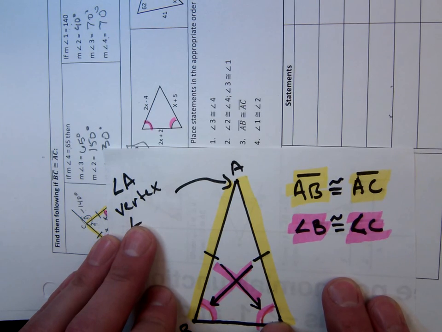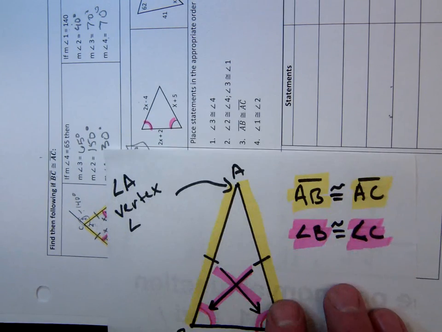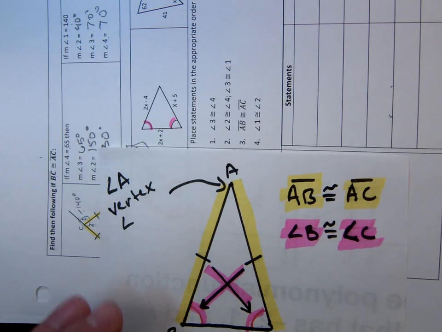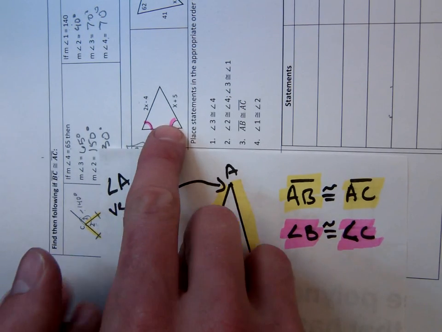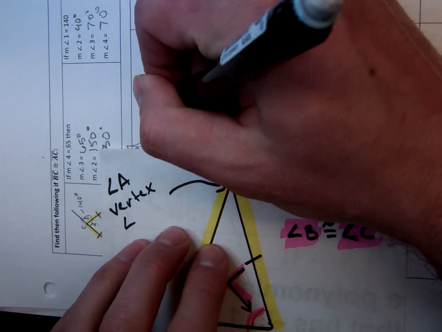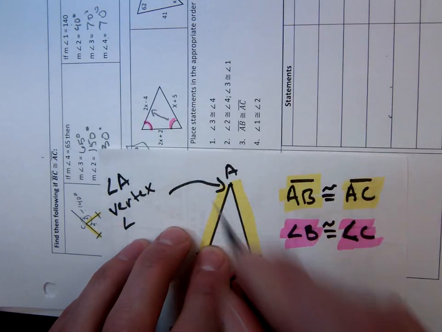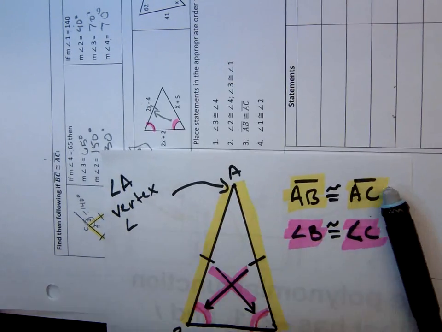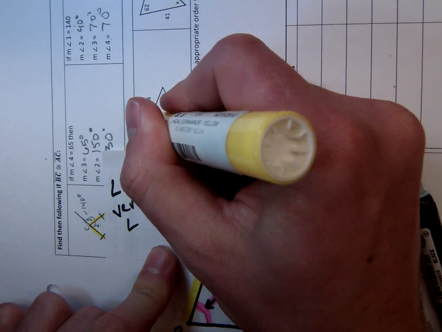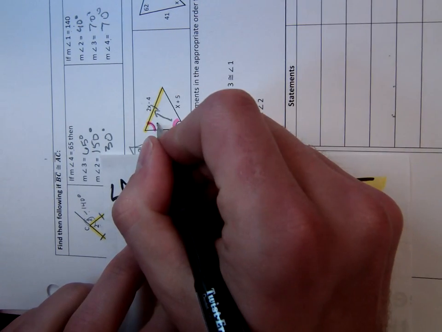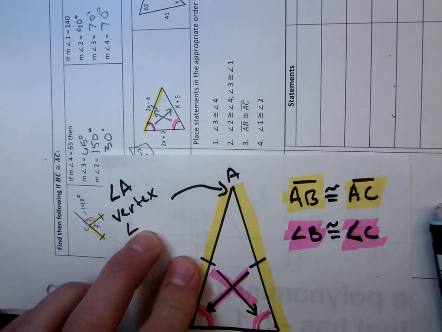So in this particular problem, what they tell us is that this angle is congruent to this angle. Therefore, I know that the side opposite one angle, this one, must be congruent to the side opposite my other congruent angle, this one right over here.